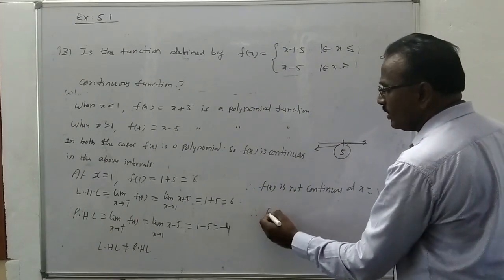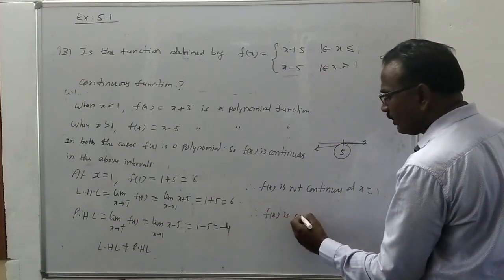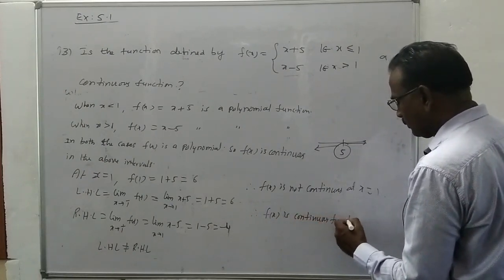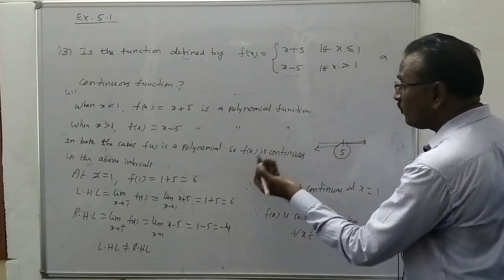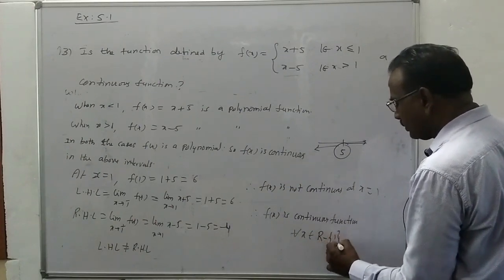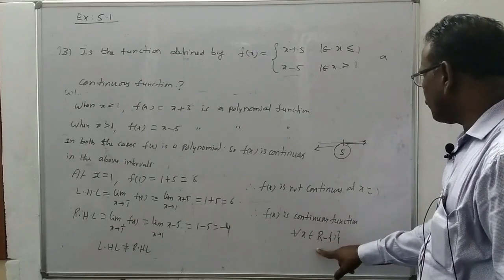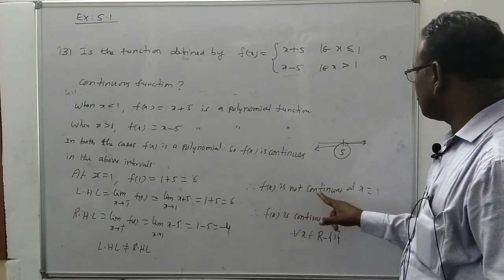So therefore here f of x is a continuous function for all x belonging to the set of all real numbers other than 1. The given function f of x is continuous for all real numbers except 1, because at x equal to 1 the function f of x is discontinuous.